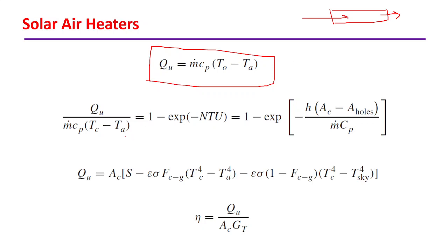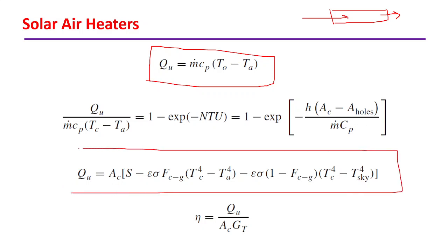This is a very simple equation, Q is equal to mcp delta T, and if I consider the heat loss and see the system as a heat exchanger, then we have to consider all the losses through the conduits, and then I can come up with this equation that correlates all the temperatures at the collector, at the ambient, at the sky, and the emittance factor and Stefan Boltzmann constant.